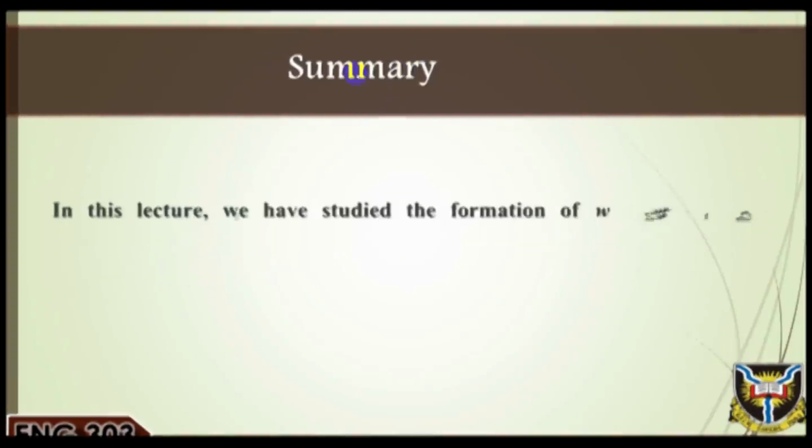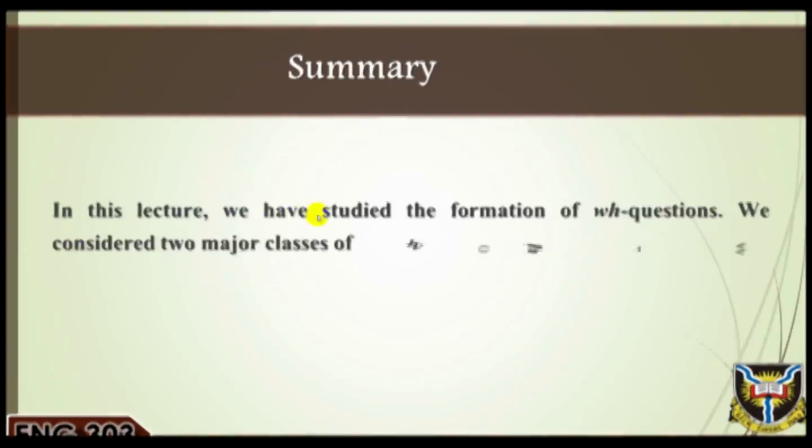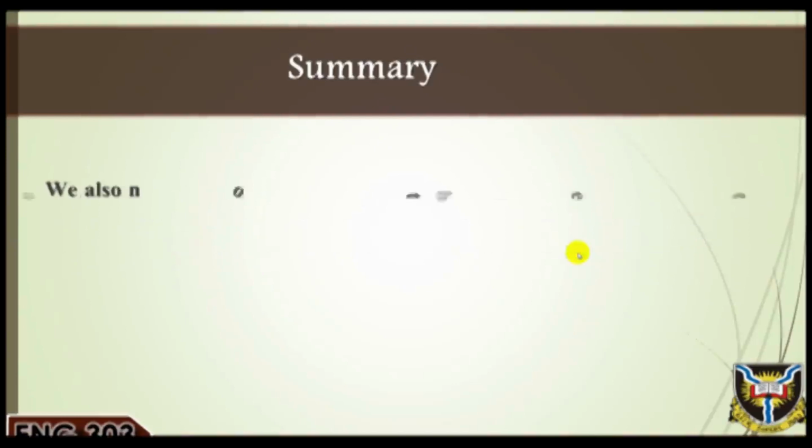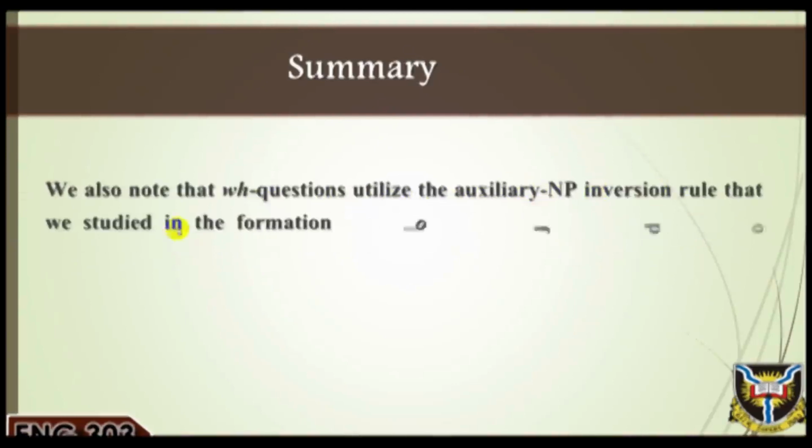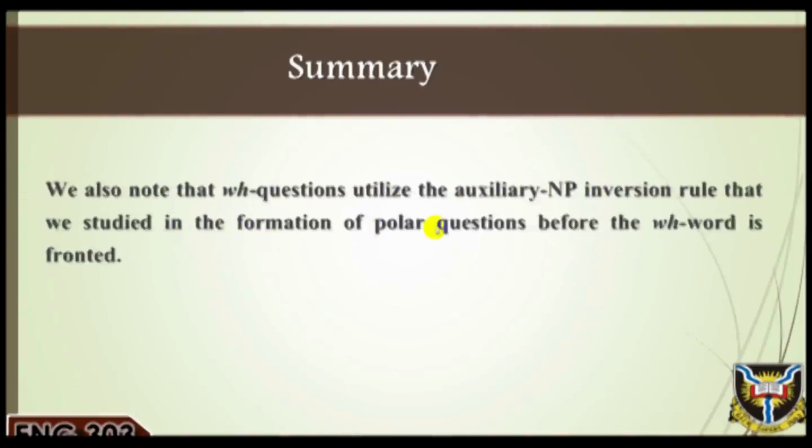Summary. In this lecture, we have studied the formation of WH questions. We considered 2 major classes of WH words, the NP and the adverbial. We also note that WH questions utilize the auxiliary-NP inversion rule that we studied in the formation of polar questions before the WH word is fronted.